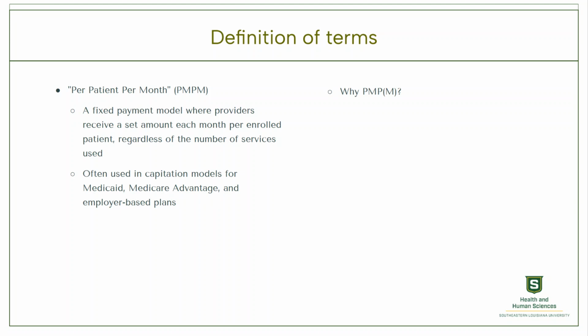Why did they come up with per member per month, PMPM? What was the purpose of it, and what was it supposed to achieve? With PMPM, there is a predictable cost to insurance and managed care organizations, because they have an idea of how much they are going to reimburse providers.